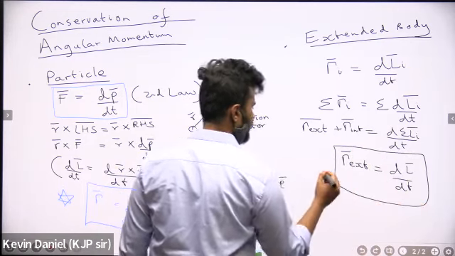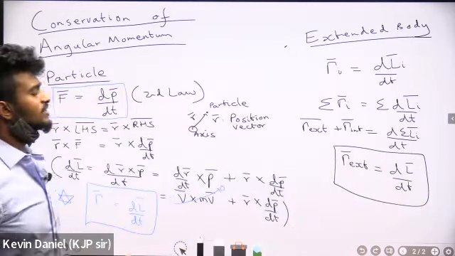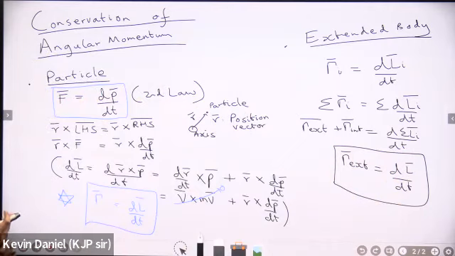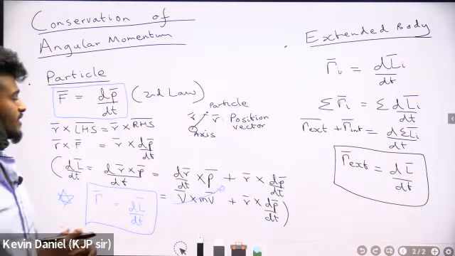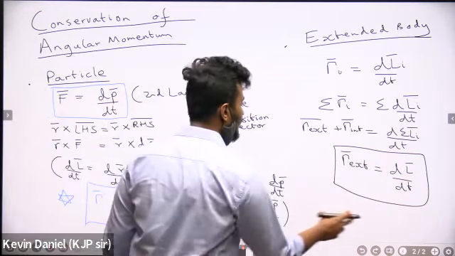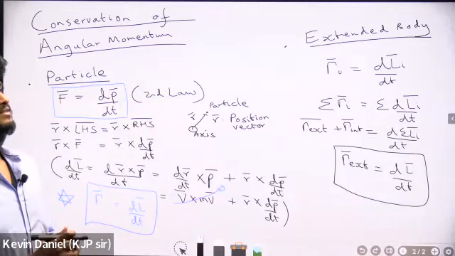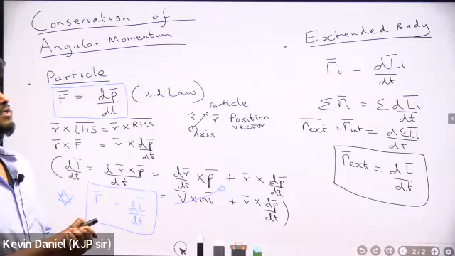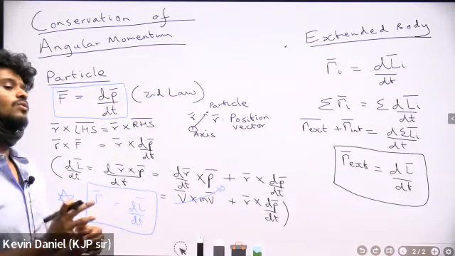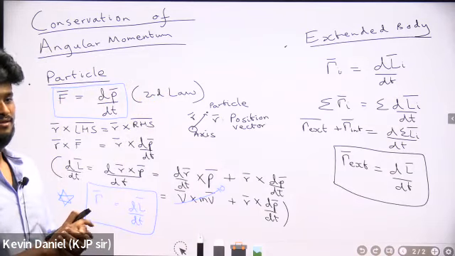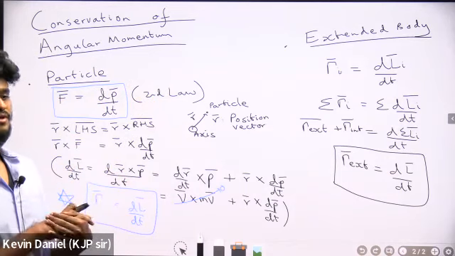Even for a rigid body, internal forces cancel out. What's the condition for a rigid body? The separation between any two particles cannot change. So I think what you are mistaking is that work done by internal forces is zero only for a rigid body.